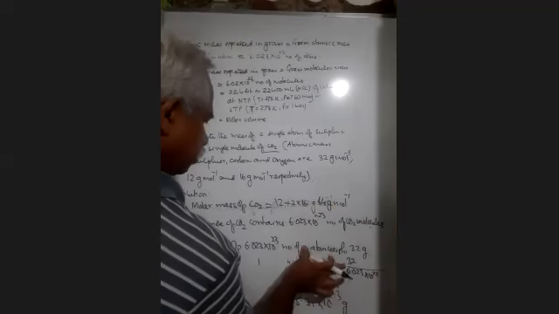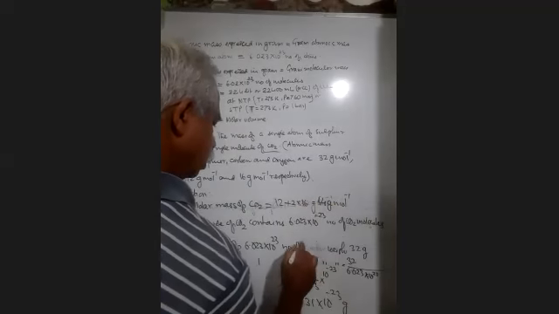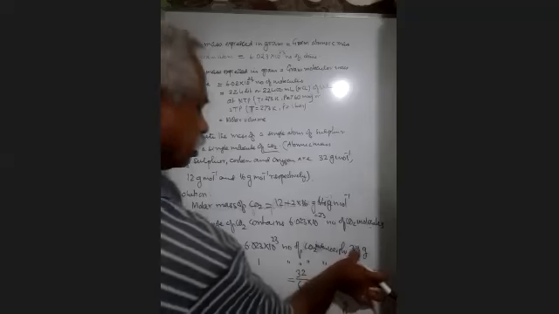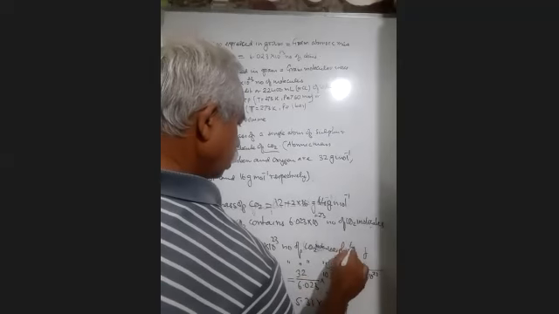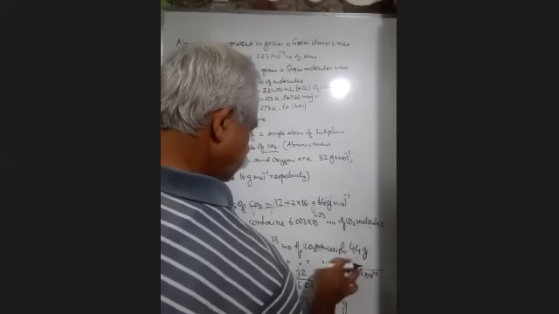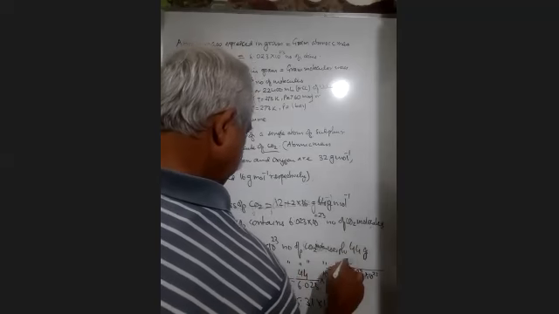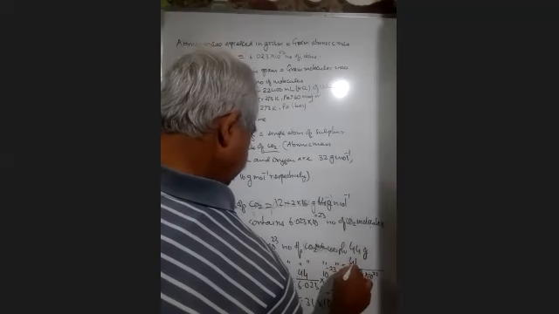So this many carbon dioxide molecules weigh how much? 44 gram. So 1 mole will be how much? 44 divided by this. So now you find.